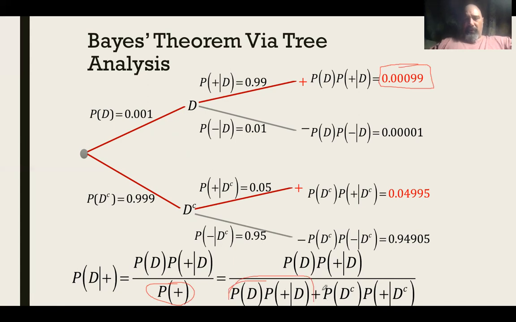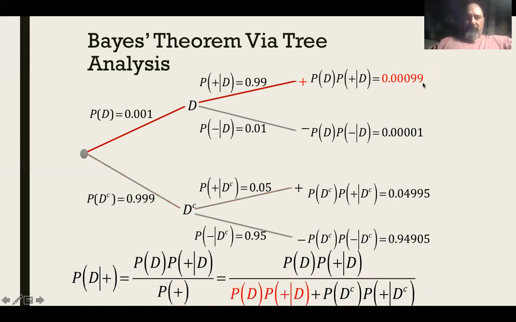It's that, or the ways that I could be testing positive are that I either went down this path, which had a 99 out of 100,000 chance of happening, or I went down that other path that led to positive, which was the almost 5% chance.